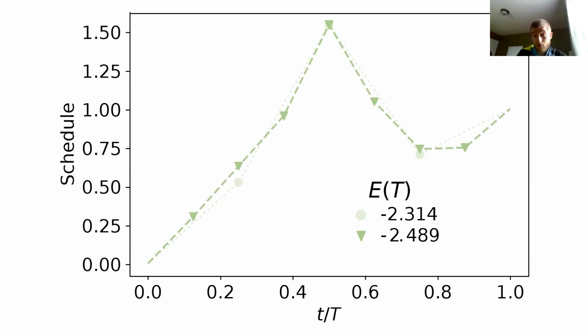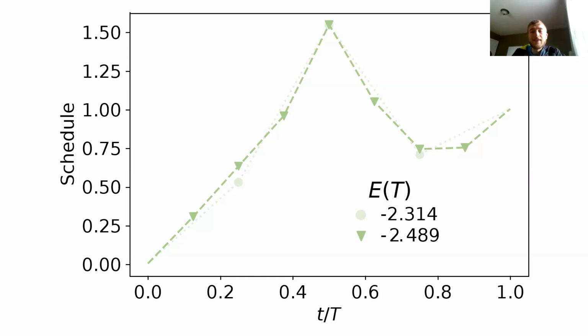We've inserted new points between the previous points and then let all of the points fluctuate so that we can optimize over them. You can see here that the new schedule, the one with the darker green circles, is somewhat similar to the previous schedule, but it's still a little bit different. There are some differences, and you can see, in fact, that the energy does improve as well.